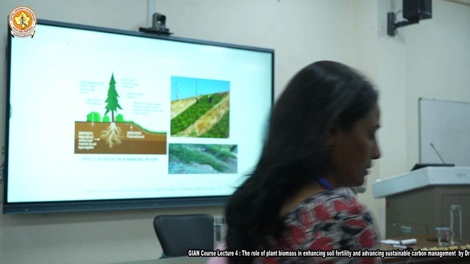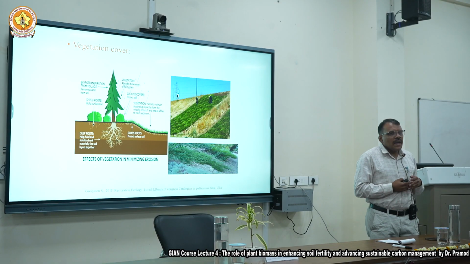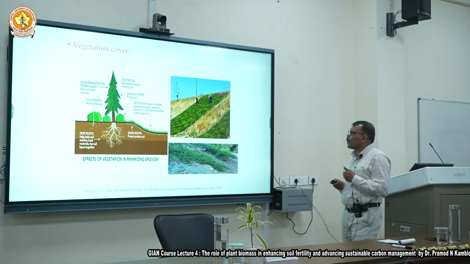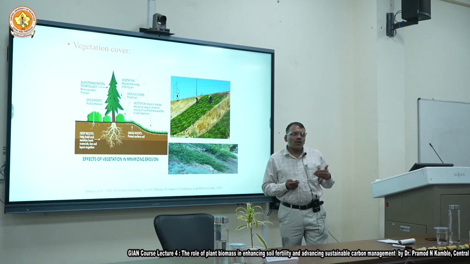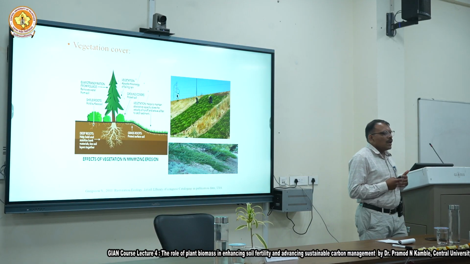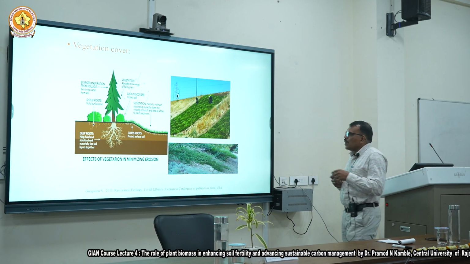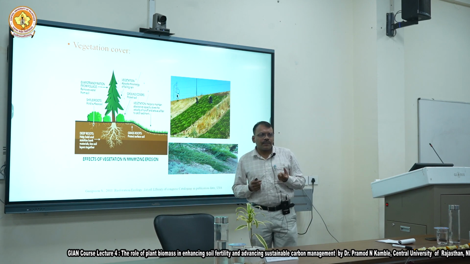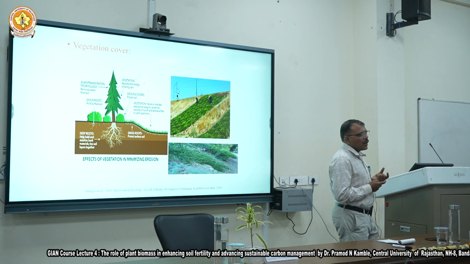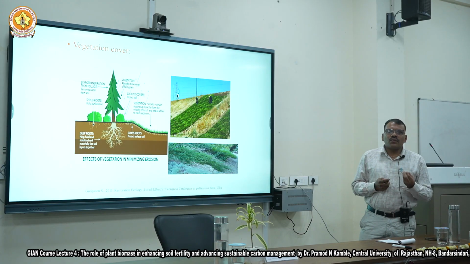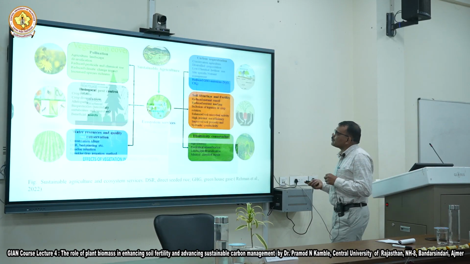Vegetation cover also plays a very important role in controlling soil erosion on sloped areas. If you take the example of hilly areas, many people use vegetation cover in order to reduce soil erosion.